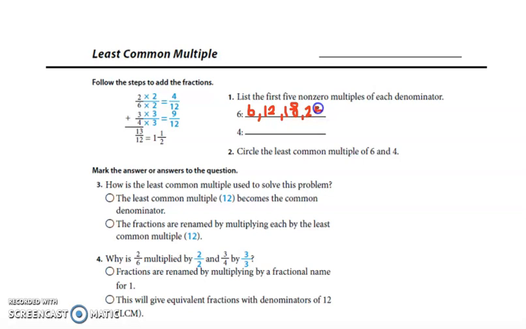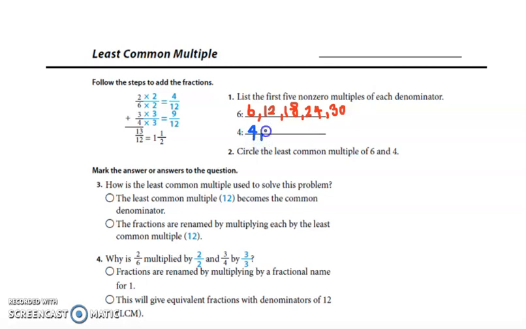And it told us to write down 5, so I'm going to write down my last multiple of 6, which is 30. And I'm going to do the same for 4, which is 4 times 1 is 4.